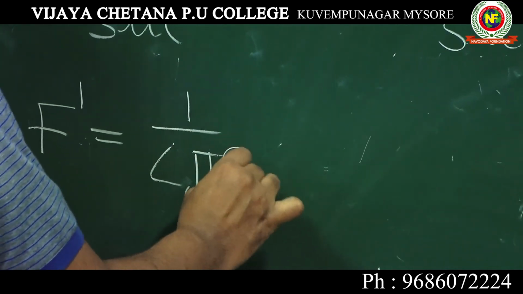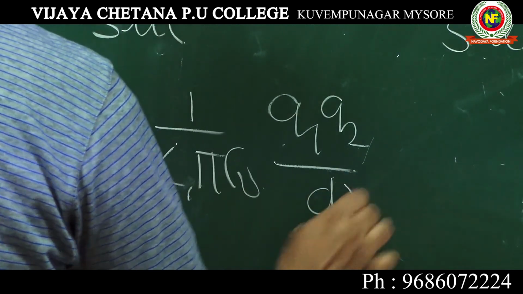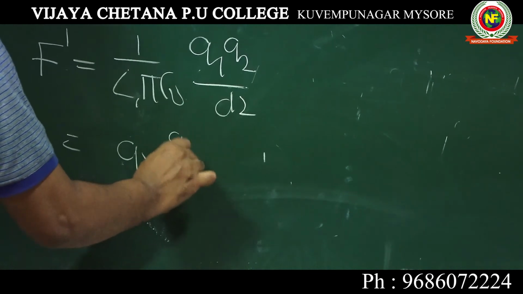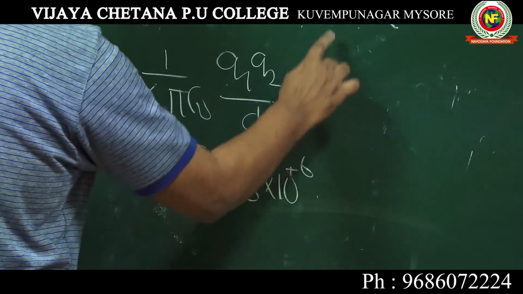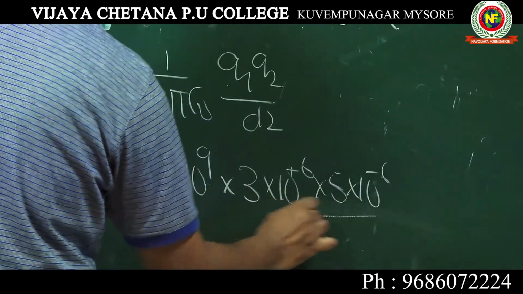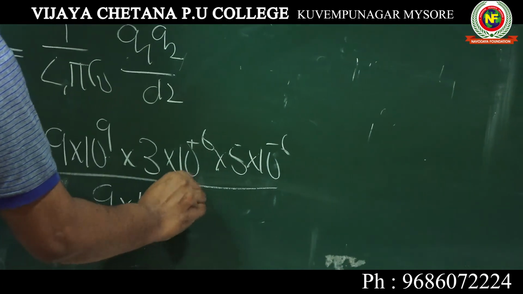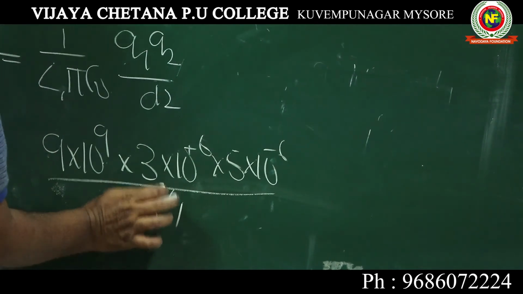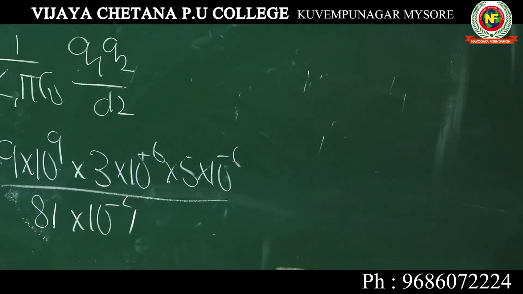1 by 4 pi epsilon naught Q1 Q2 by distance square, or it is 9 into 10 to the power of 9. Q1 Q2 product is 3 micro, don't consider this minus sign, 5 micro, divided by the distance in between, 9 centimeters. Square, 81, 81 into 10 to the power of minus 4.